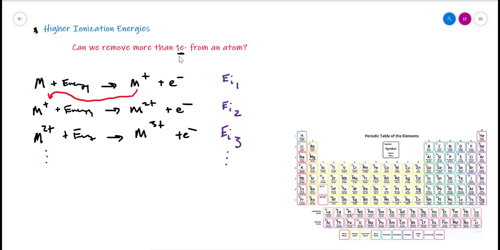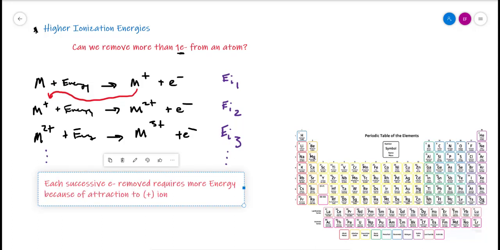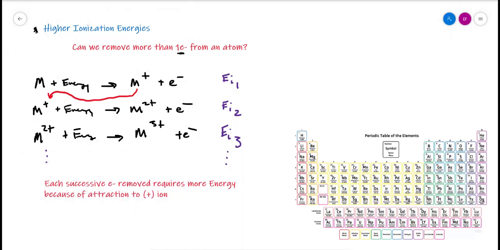So this is the concept of higher ionization energies, or removing more than one electron from the same atom or ion.